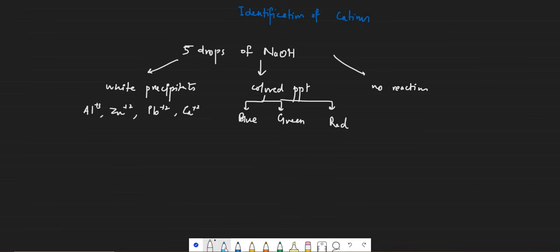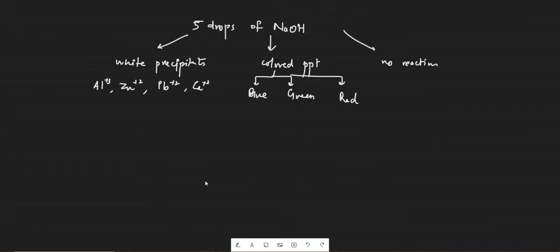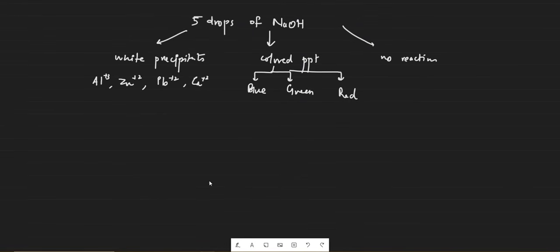Now, to further shortlist the ion that a solution can contain, we will add excess NaOH. Initially I only added 5 drops.